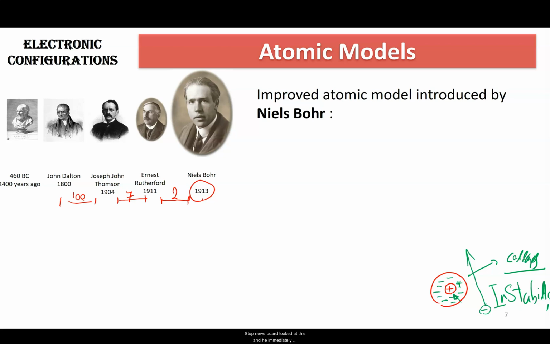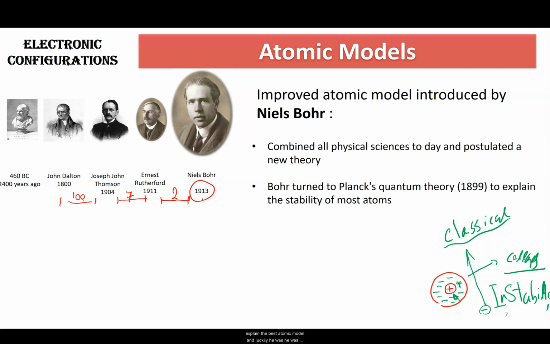So Niels Bohr looked at this, and he immediately recognized that classical physics cannot possibly explain the atomic model. Luckily, he was very familiar with Planck's quantum theory, and he was able to combine all the physical sciences we knew to that date to postulate a new theory.